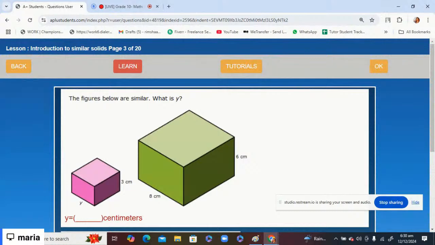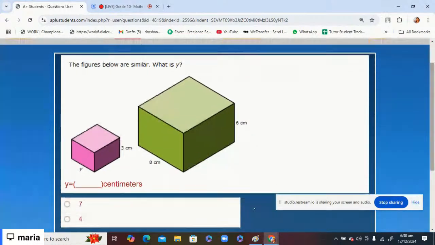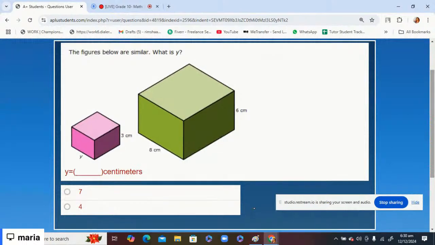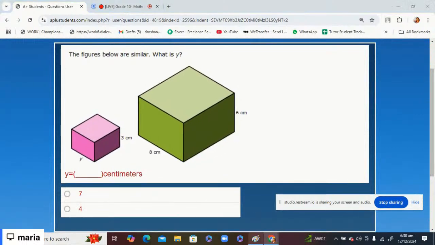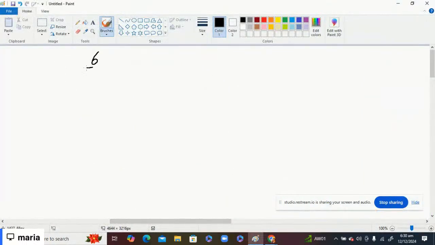Very well done. Okay, the figures below are similar. What is y? So 6 by 3, 8 by y. Now let's cross multiply. 6 times y, 8 times 3.